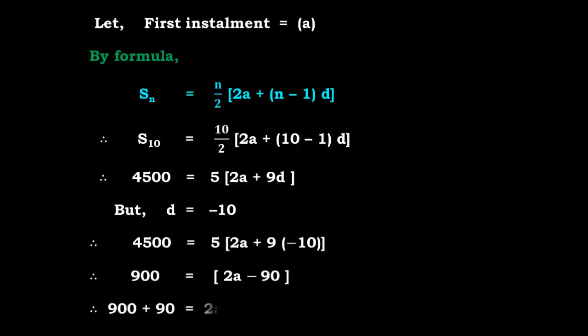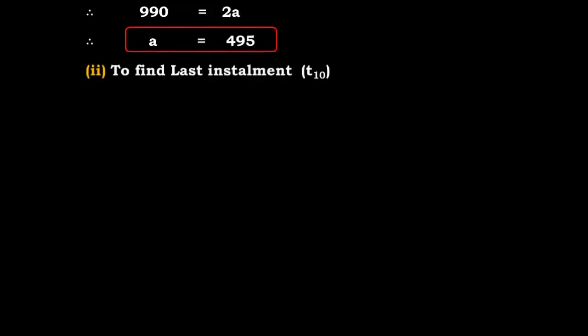So 900 plus 90 is equal to 2a. 2a is equal to 990. So a is equal to 990 upon 2, which is 495. That means the first installment is 495. You have to find out the last installment, that is T of 10.